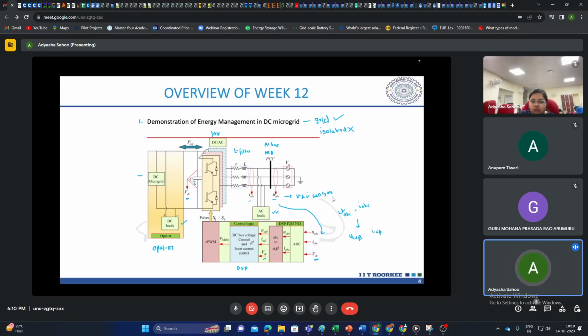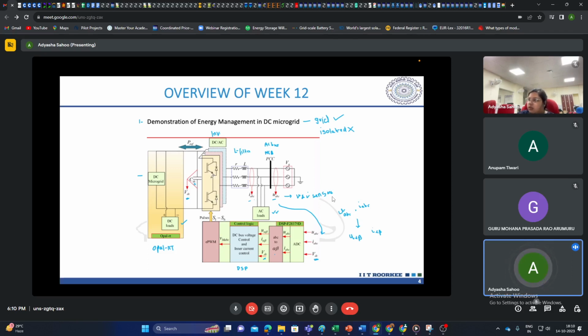After this, the control logic is implemented, which will generate the pulses to be given to the gate driver circuit of this inverter, right?